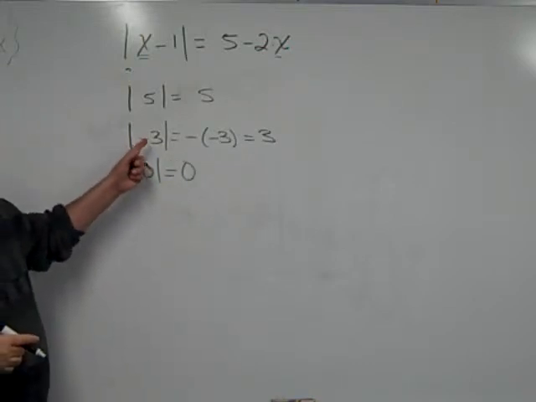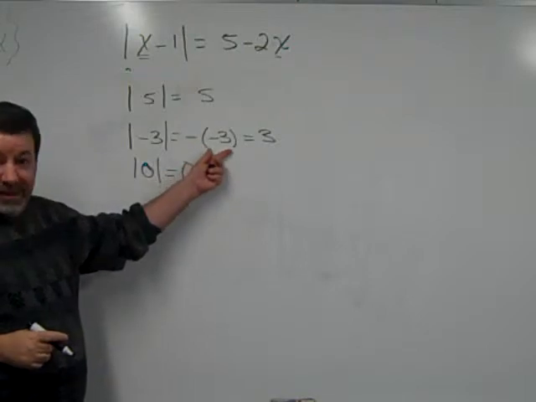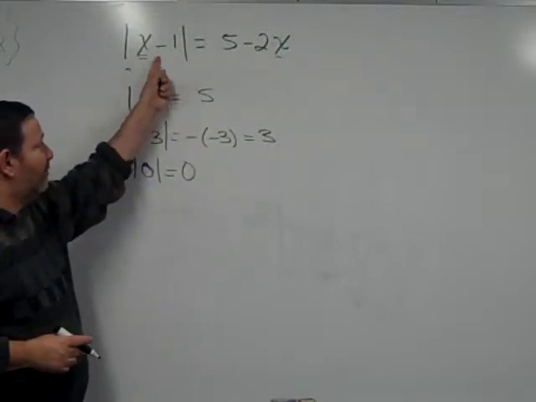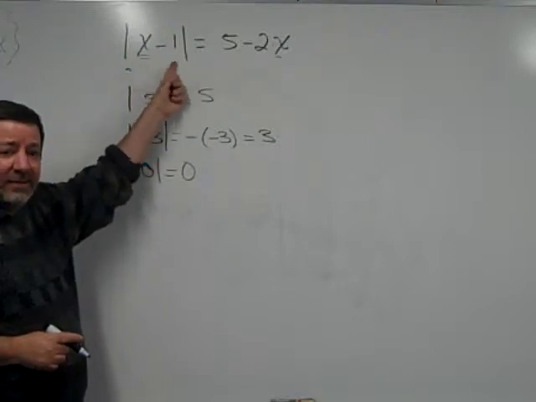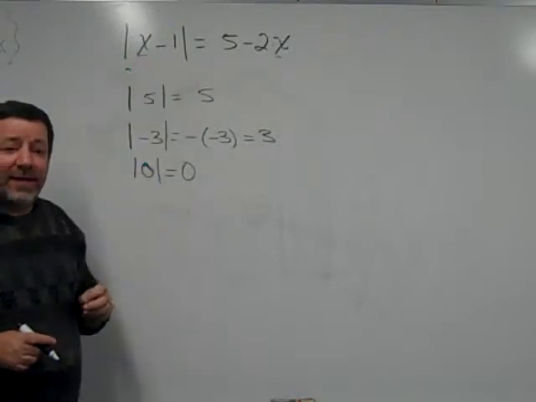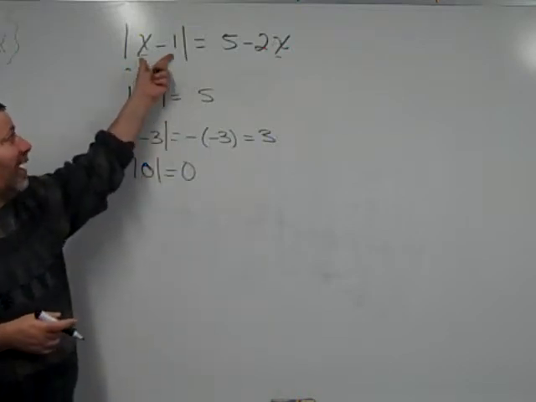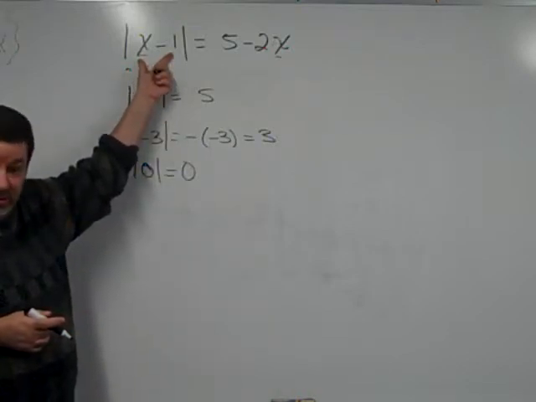The absolute value of a negative number is that number with a minus in front. Now, sometimes this will be positive, and sometimes it'll be negative. And the question is, when? Now, when it's positive, this will be x minus 1.